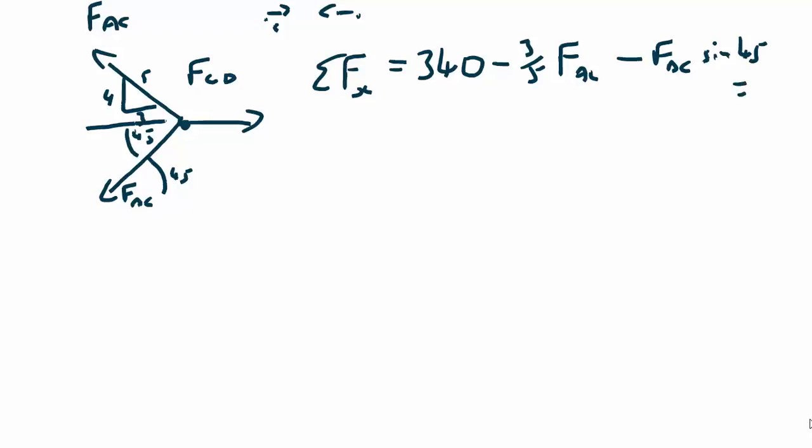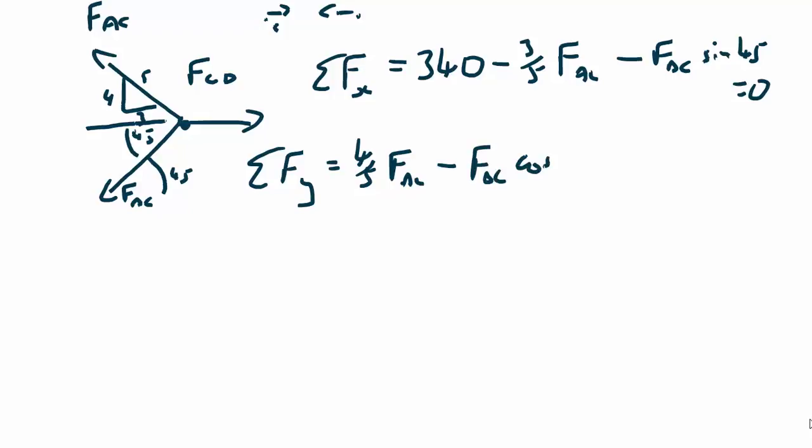And that will all equal 0. And my sum of my forces in the y direction will equal 4/5 of FAC minus FBC cosine 45, and that will also all equal 0. And then what I can do is I can solve those simultaneously.